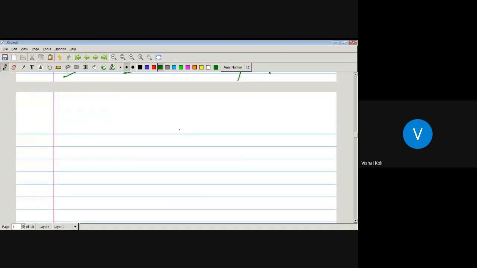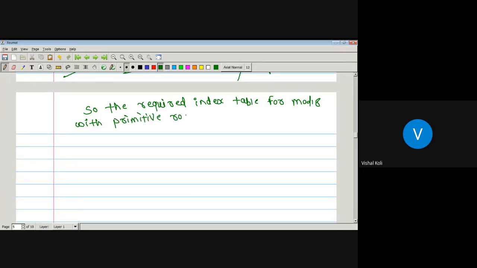So the required index table for modulo 18 with primitive root 5 is: take these as integer values a, and here the index of these integers a with primitive root 5.